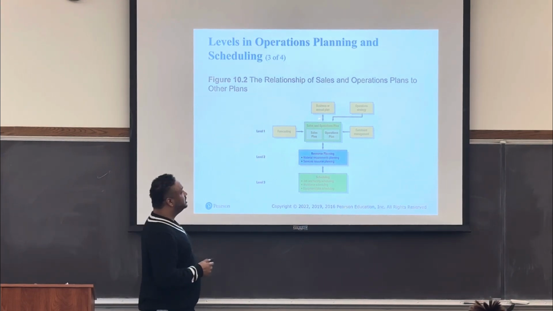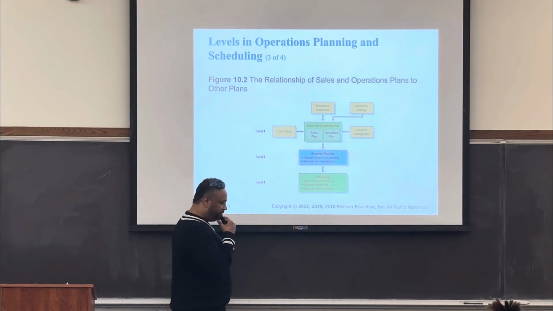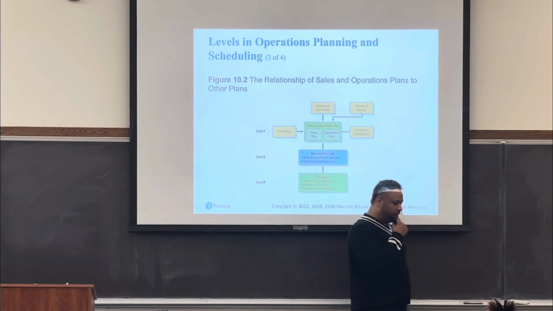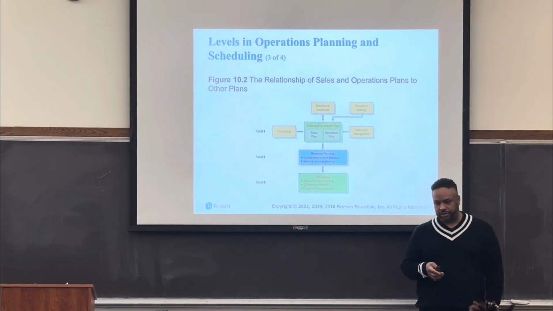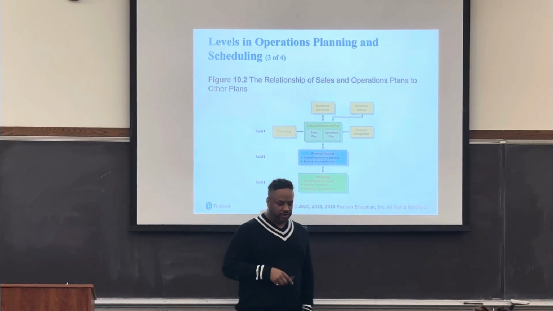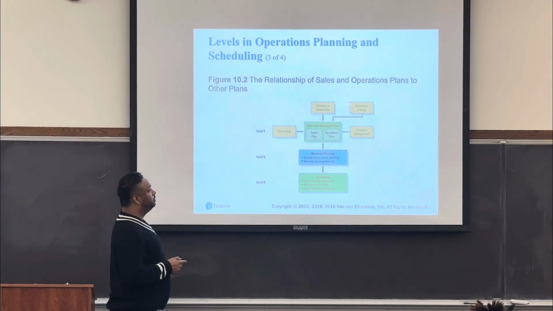All right, here are our different levels, the relationship of sales and operation plans to other plans. We start out with a business plan or annual plan, right? We have our business plan, introduction, executive statements, our mission statements, goals, let's say 3 years of projections of what we expect to sell, and so on and so forth. Then we have our operation strategy, which is completely different.